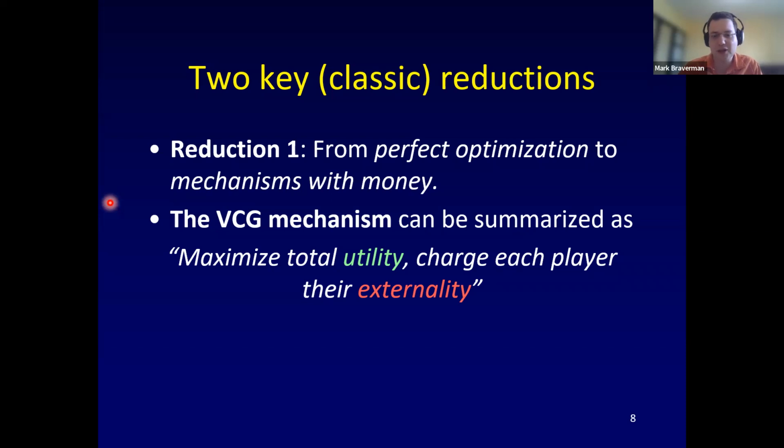What it does is, if you have an algorithm for optimization, it gives you a mechanism with money that on paper looks completely amazing. And it can be summarized in one sentence with like 8 words. The idea is very simple: maximize total utility, so make everyone as happy as possible in aggregate, and charge each player their externality.